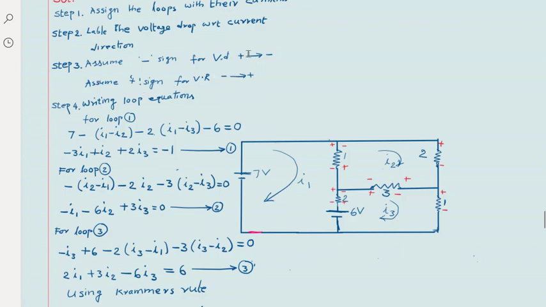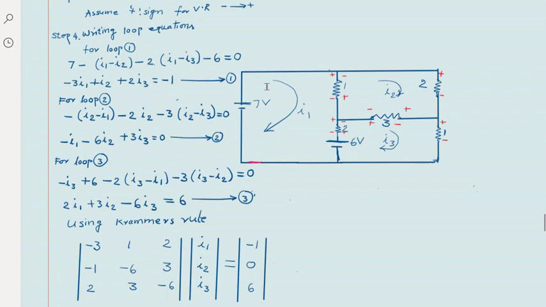Whereas if the polarity of the element is first positive and next negative with respect to the assumed current direction, we take that as negative.